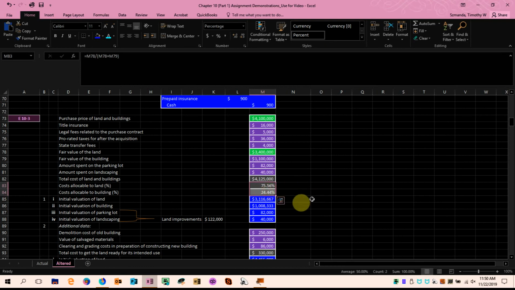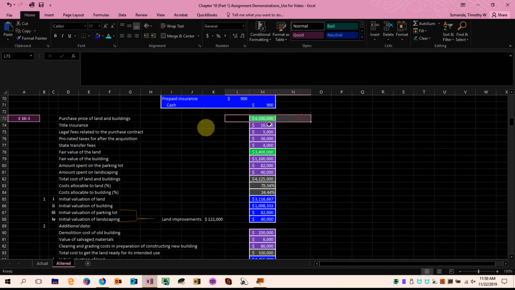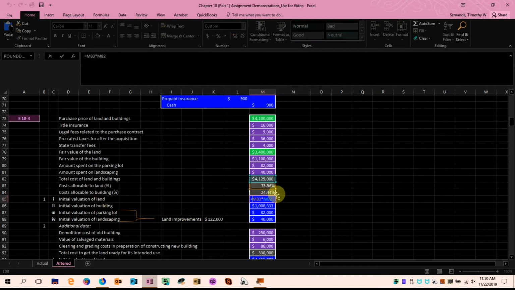And it's these percentages that will be used and applied against the cost or amount paid for the combined land and building purchase. So we would apply, for example, for the initial valuation of the land, the total cost of the land and buildings times the percentage of 75.56%.